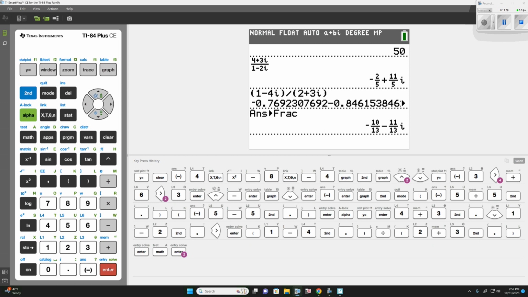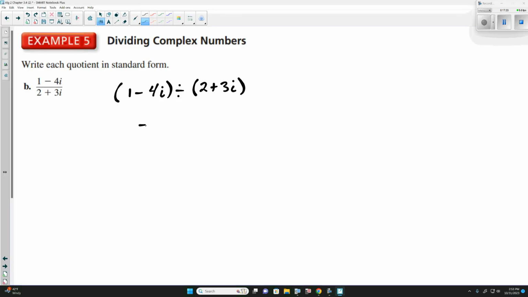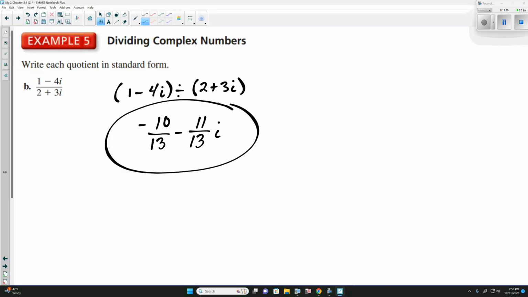Because the first option, FRAC, is telling it to take the previous answer and turn it into a fraction. So negative 10/13 minus 11/13i? Yep. And that's it. Questions on this here? We ready for the next one?